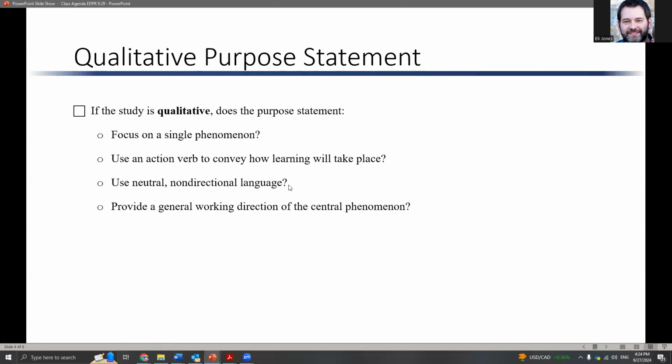Neutral, non-directional language. We have to be careful that we aren't saying like, I really hate private schools or public schools, they're wrong, they're bad. We still have to have neutral language. We don't know what our study is going to say yet. We're just introducing it. And then provide a general working direction of the central phenomenon. Where are we going to, what are we going to be looking at?